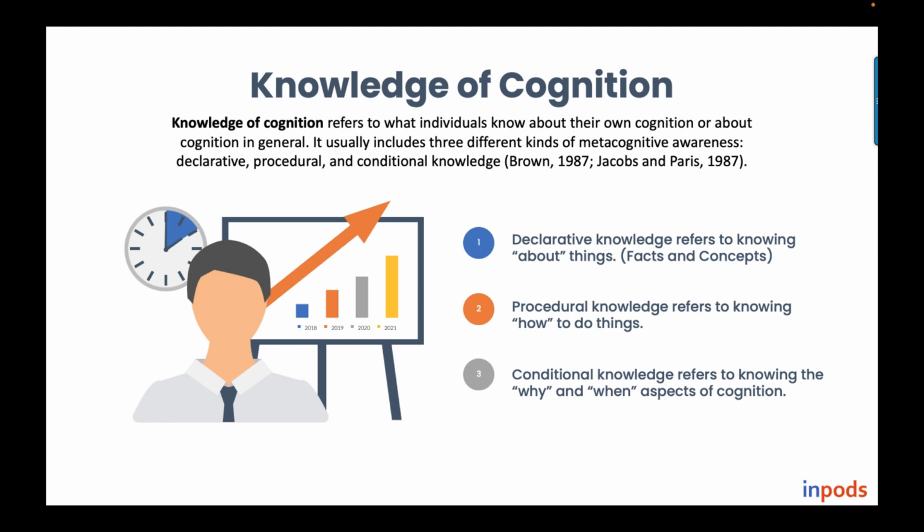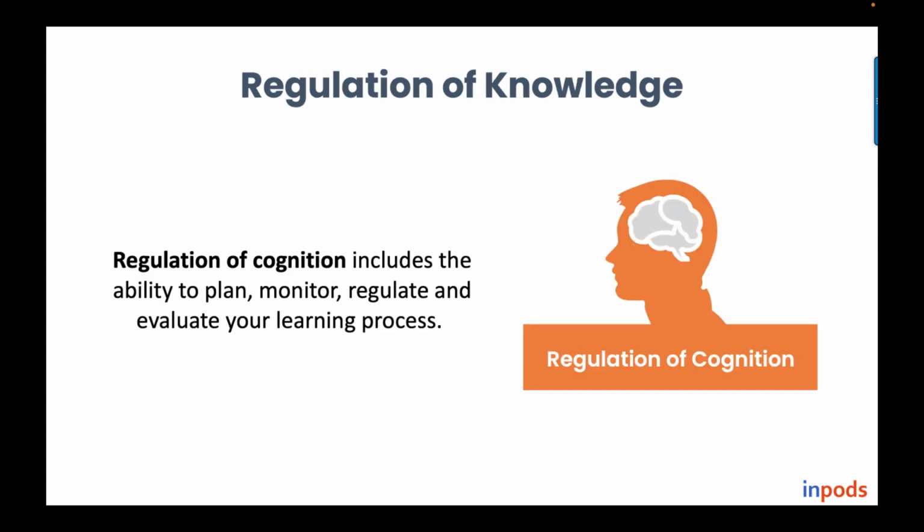And why it should be like that. So that is the way the metacognition occurs. Once we start learning the facts, concepts, and the procedure, then we start knowing about when to do something and why. What are essentially the impacts of doing something differently than what we had done earlier. So that is about the knowledge of the cognition.